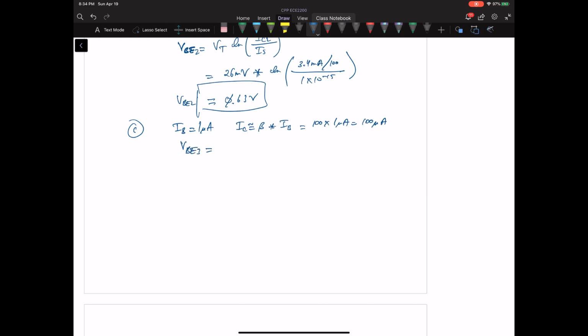Let's call that VBE3, which is VT natural log of 100 microamps over 1 times 10 to the minus 15.